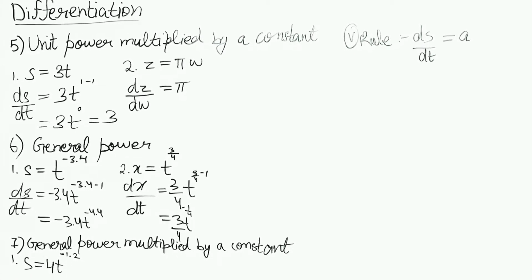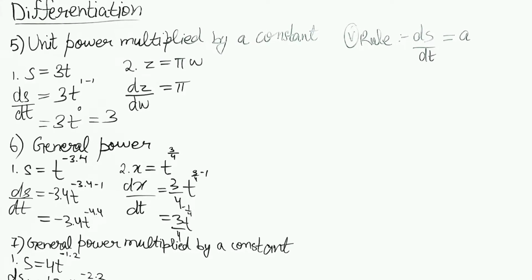Okay, so it's going to be ds by dt is equal to, so what will it be equal to? Negative 1.2 into 4 t to the power negative 2.2. So here we're going to get negative 4 into 2, 8, 4 into 1, 4.